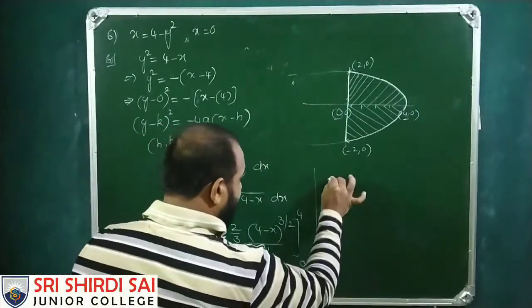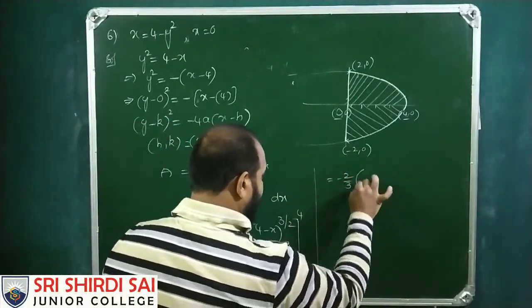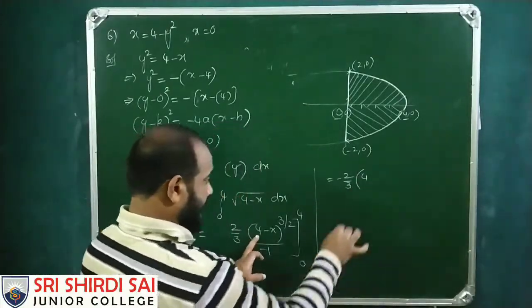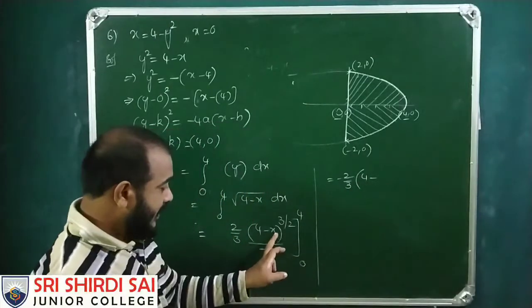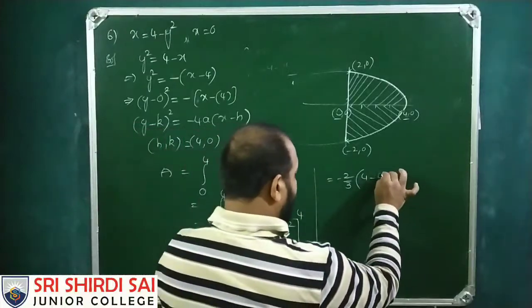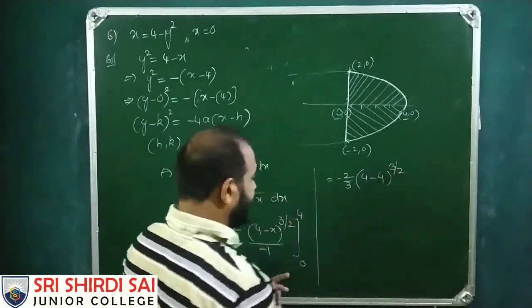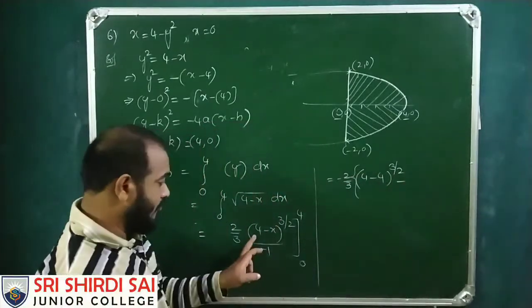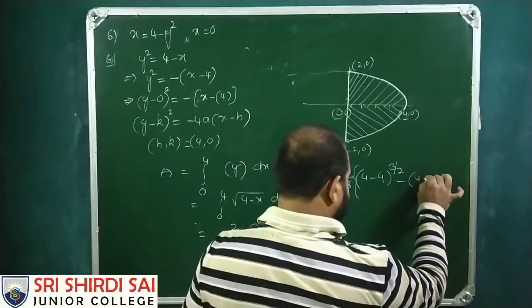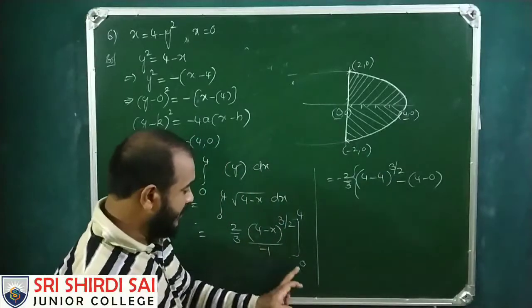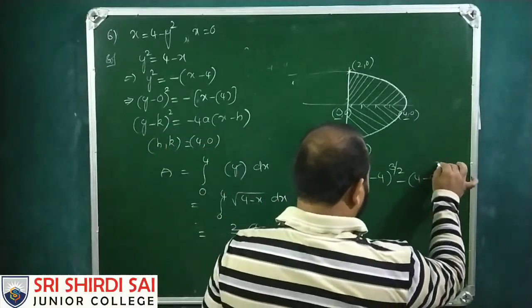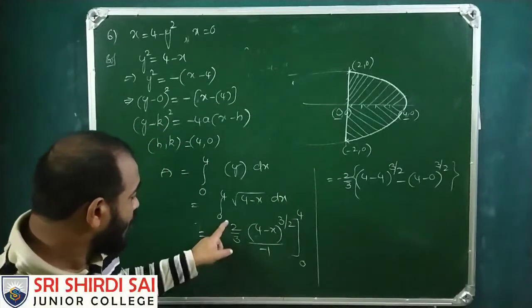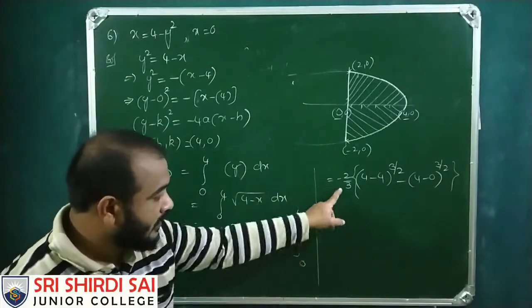Here minus 2 by 3, so 4 minus x is 4 power 3 by 2. This is upper limit minus lower limit, 4 minus 0 whole power 3 by 2. So here 2 by 3 into minus 1, so minus 2 by 3.